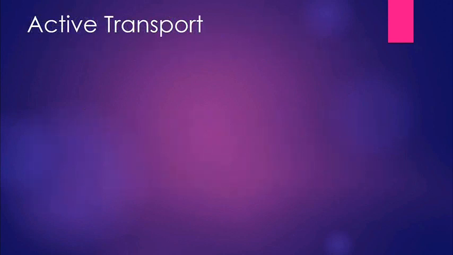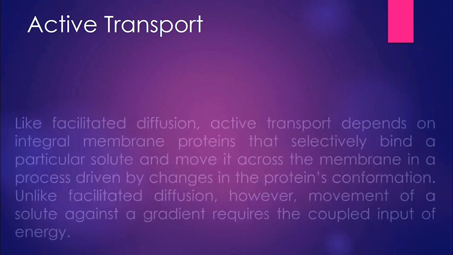The ability of the cell to generate such deep concentration gradients across its plasma membrane cannot occur by either simple or facilitated diffusion. Rather, these gradients must be generated by active transport.